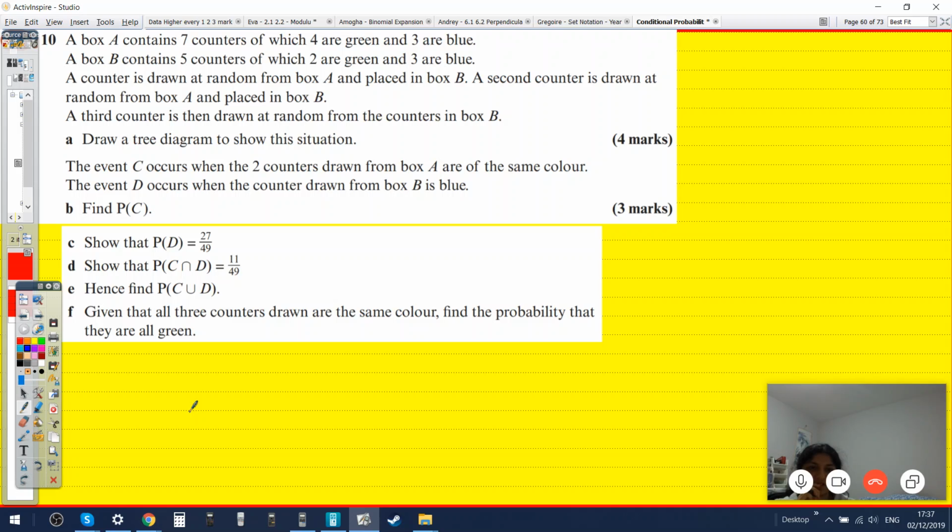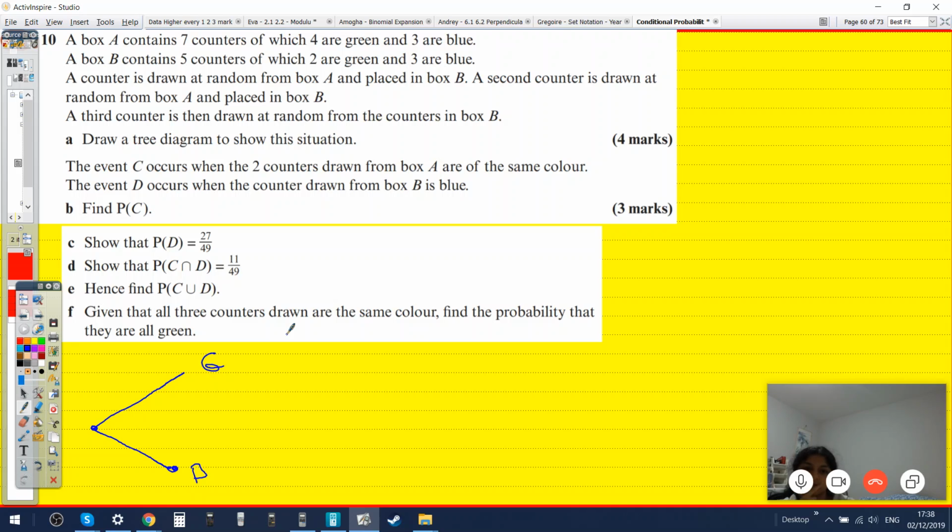How do you do a tree diagram for that one? Box containers, green and blue. So this one's going to be green. This one's going to be blue. Or do I say not green? Who knows? Green and blue.